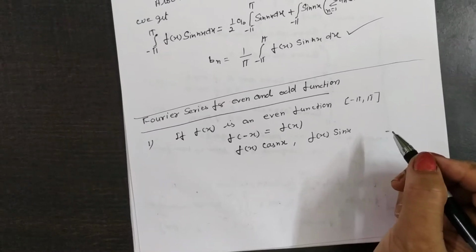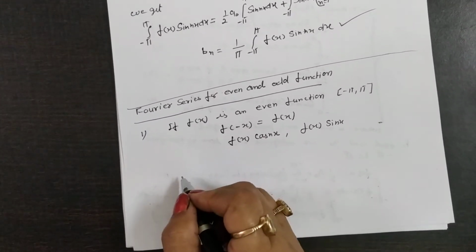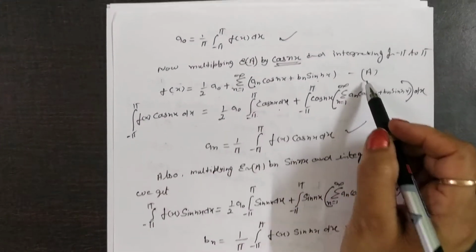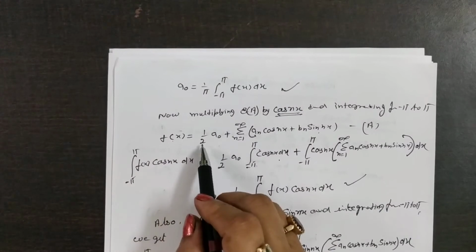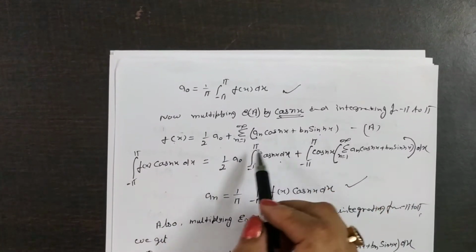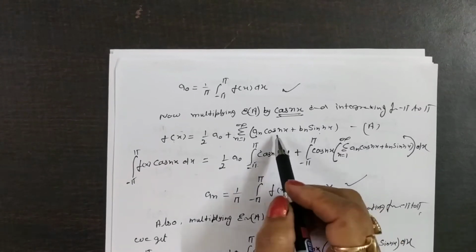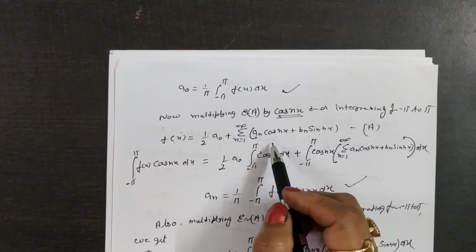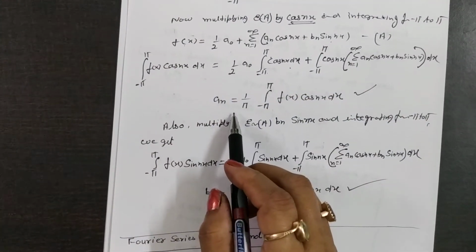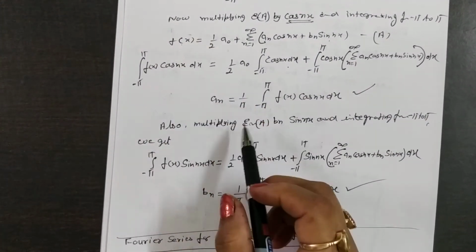Therefore the Fourier series becomes, as I defined in the last video, f of x is equal to half of a0 plus the series. In this series, for the even function, an is this one, bn is this one, a0 is this one.